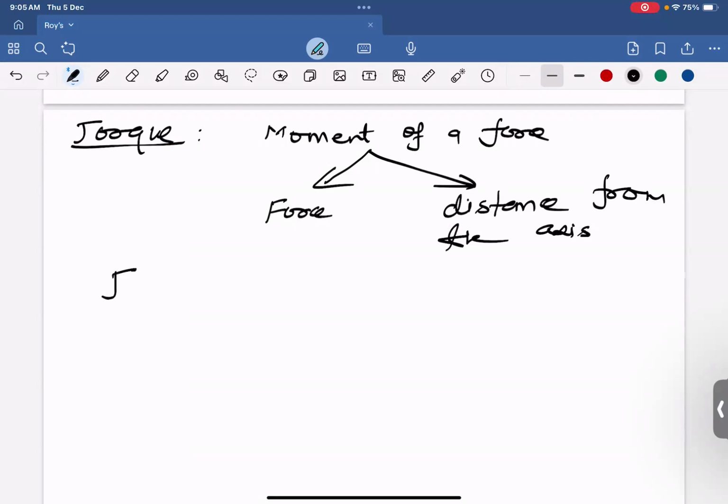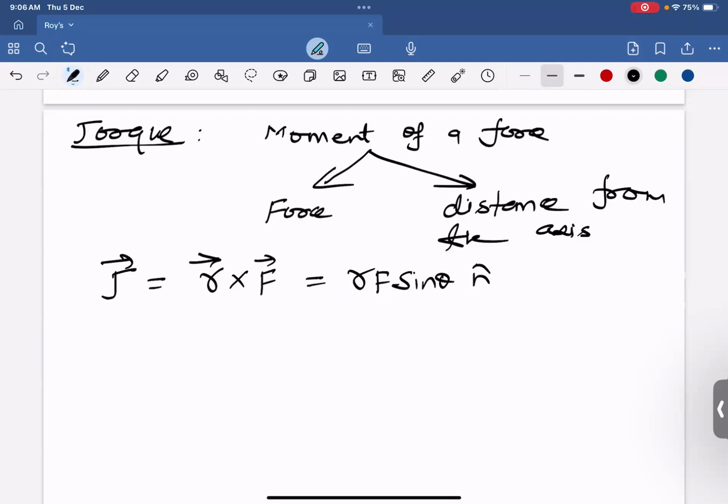So the torque is basically the distance from the axis, and we always take the perpendicular distance: r cross F, or we can write r F sin theta n cap, that is the vector product of r and F, and n cap is the perpendicular direction.